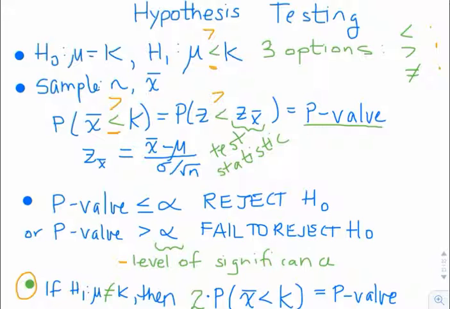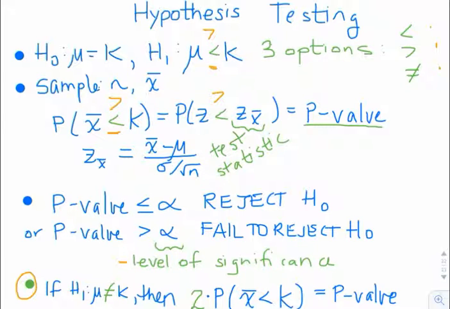If you're in a two-tail situation, you're going to find the probability of one tail and then double it. In this case, I'm assuming that your x bar is less than k. If your x bar was greater than k, you would use the other one.